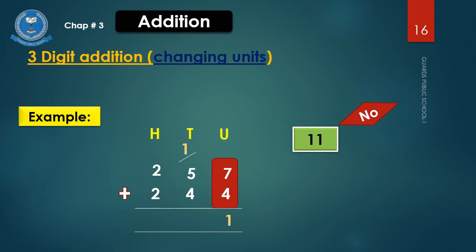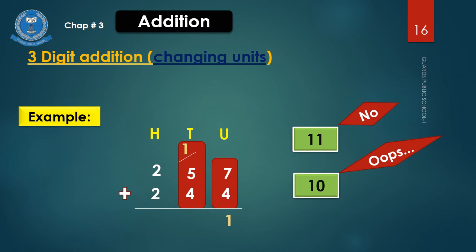Now we have three digits to add in the tens column. That is 1, 5 and 4. The answer will be 10. Oops! Again a two-digit number. The same method will be applied.